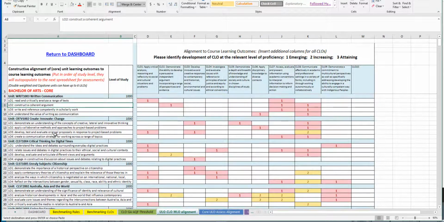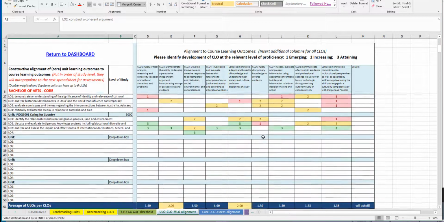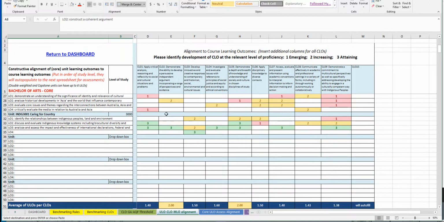The way that this Bachelor of Arts works is that you have a core, and then you have one specialization that you take. You would be expecting that specialization to pick up some of these higher level completions of the course learning outcomes. That will be mapped on the specialization sheet, which is down here.